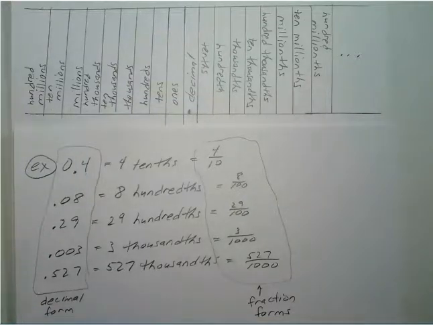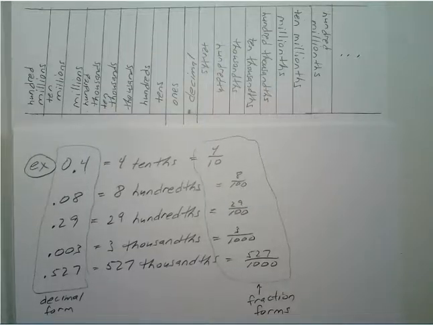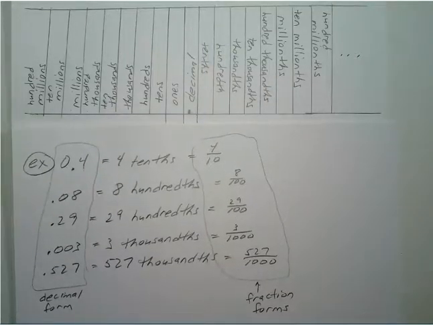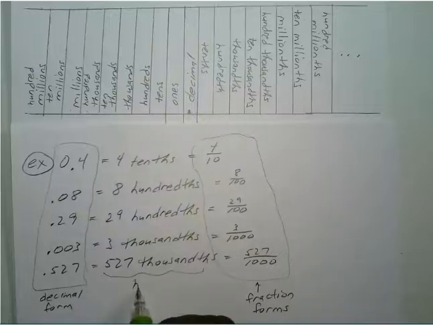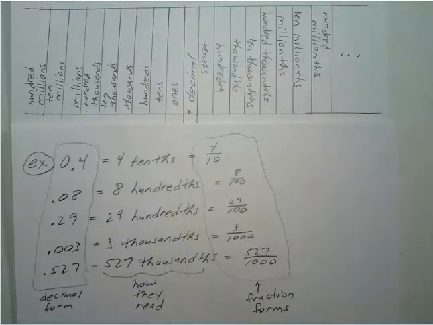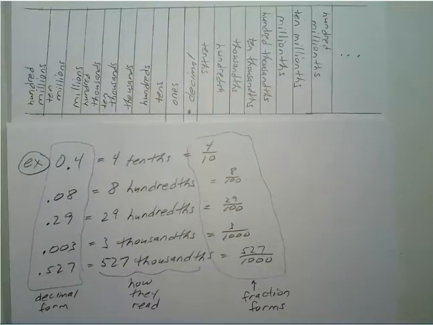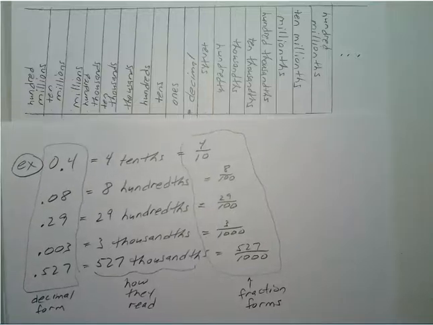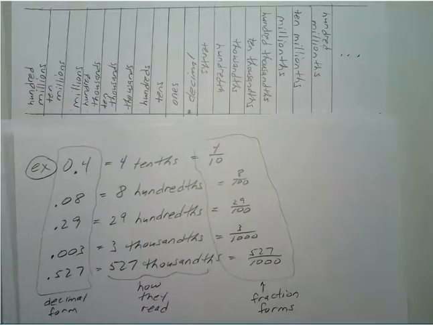If you are still writing, feel free to press pause. This was just how they read, but now we're going to actually write them out in word form and start on our conversions.